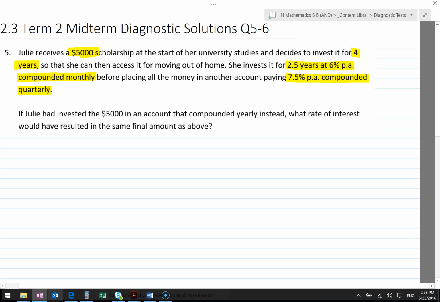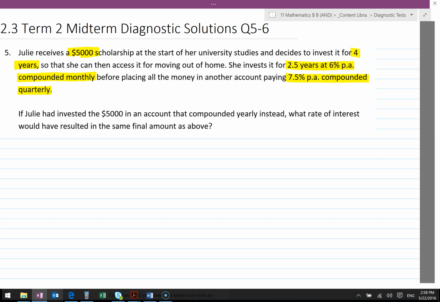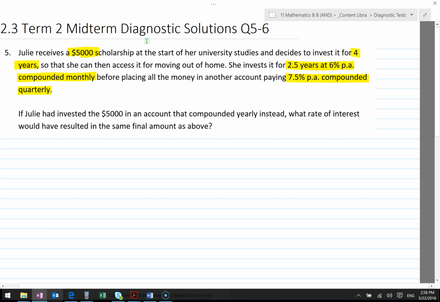Then here's the question: if Julie had invested the $5,000 in an account that compounded yearly instead, what rate of interest would have resulted in the same final amount as above?